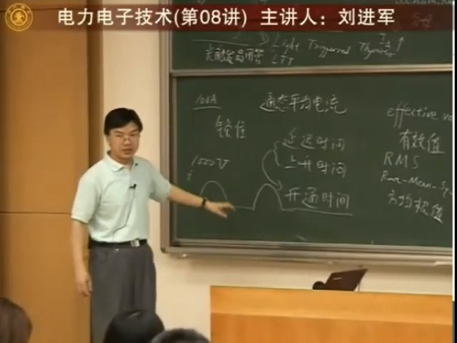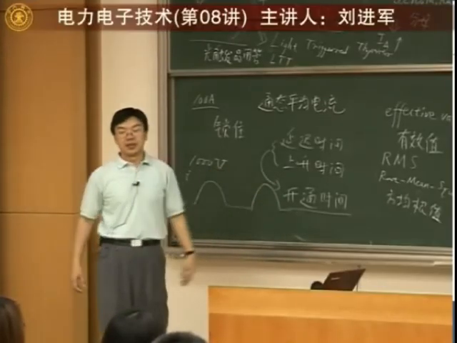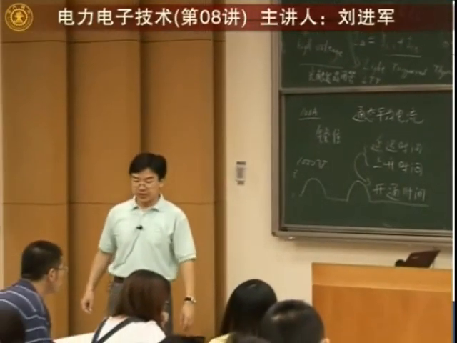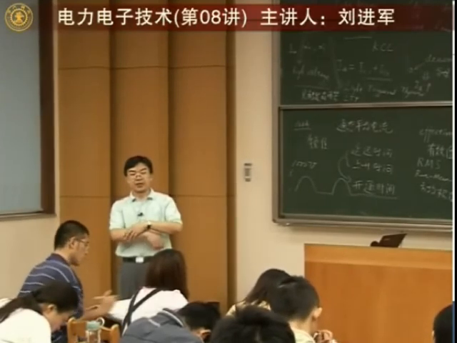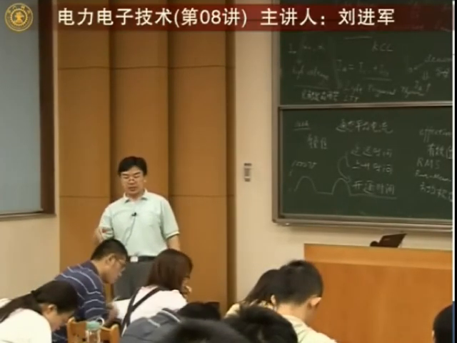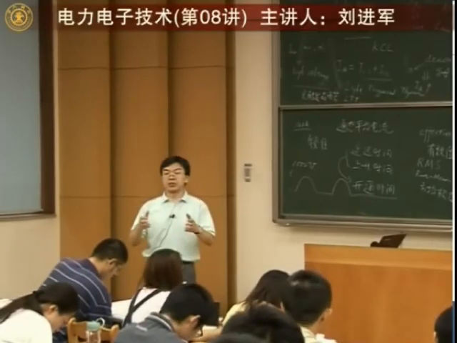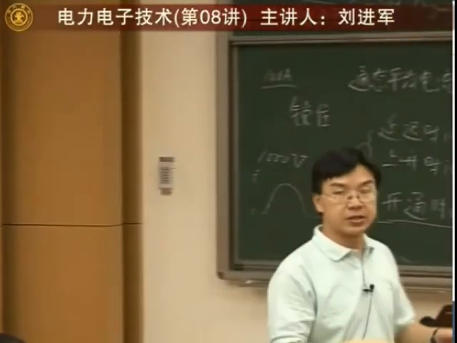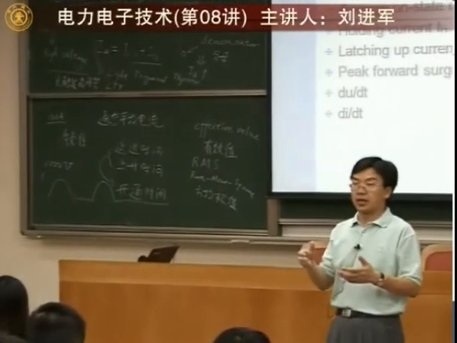So when you select a thyristor, there is a little calculation. I want you to read through the textbook about this part and pay attention to that. When you select the thyristor, usually it is based on the effective value, because the reason a thyristor will be destroyed is that the power loss, the energy loss in that thyristor, is too high.